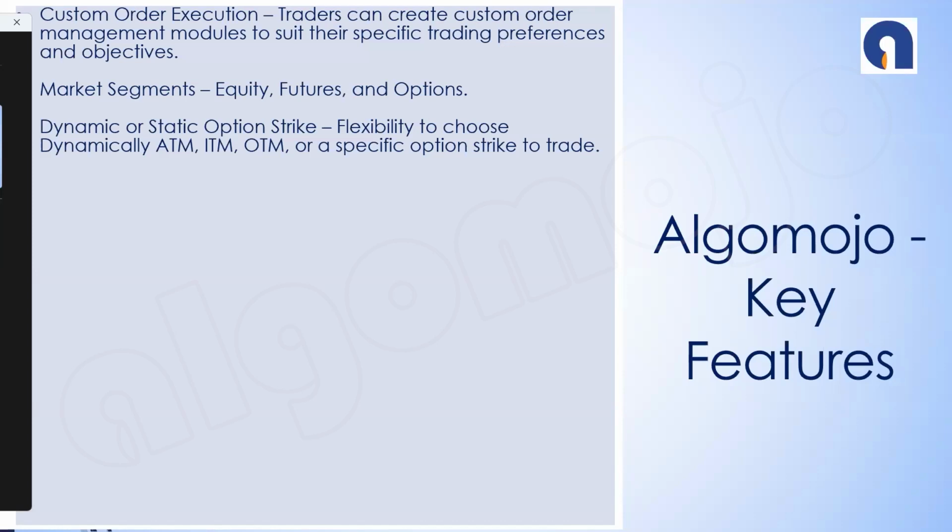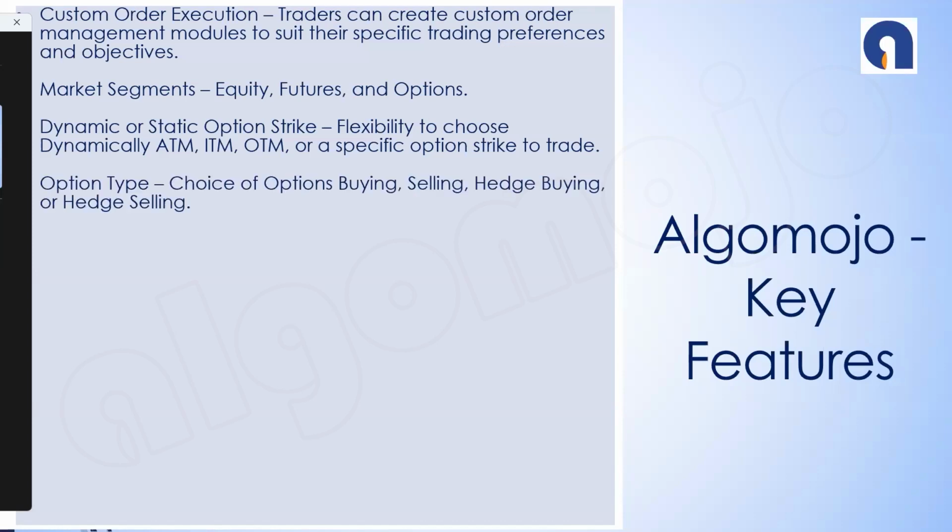If you want an ITM kind of execution, whenever the signals are generated, our platform will look at the spot price at that point in time, select the strike accordingly, say ITM 5, and place orders. So you need not worry about working out what ITM 5 or OTM is, or selecting the strike price. The system will do it automatically for you.